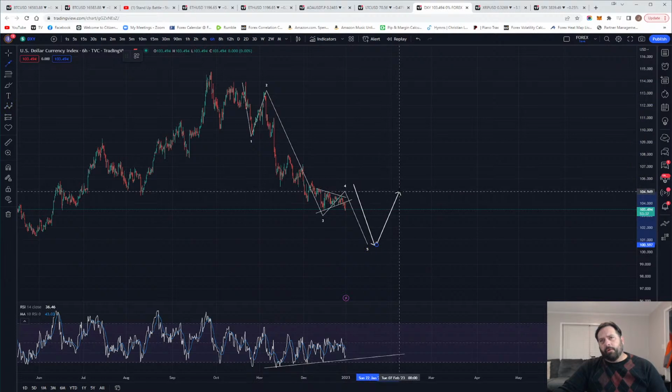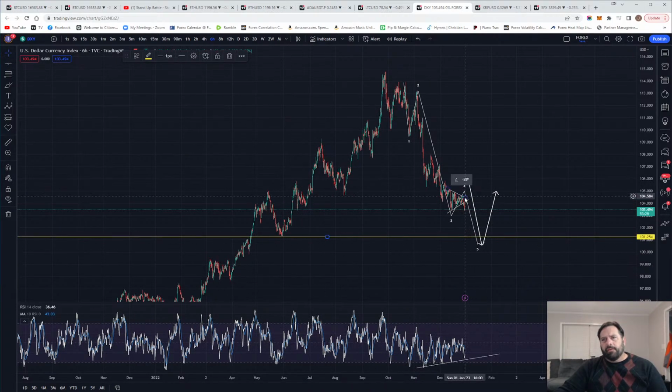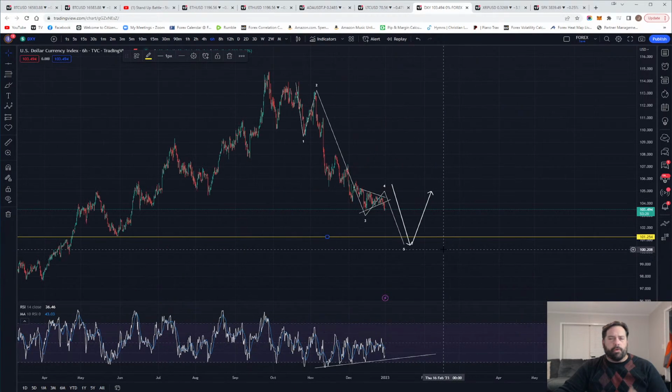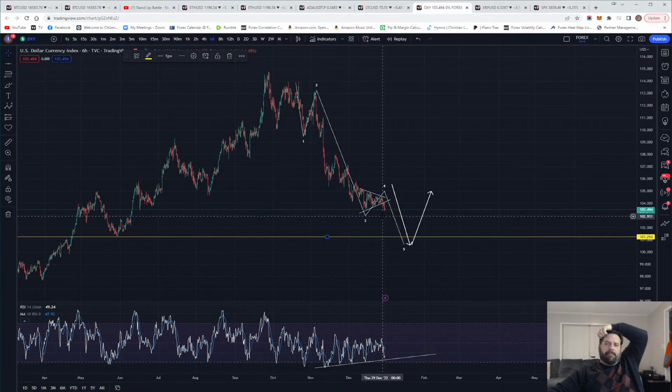We get some kind of 4-wave back to the upside. We bounce off of this price zone here. So we get this down move here, which correlates with BTC going up quickly, especially if DXY tanks here, which I think it very well may.